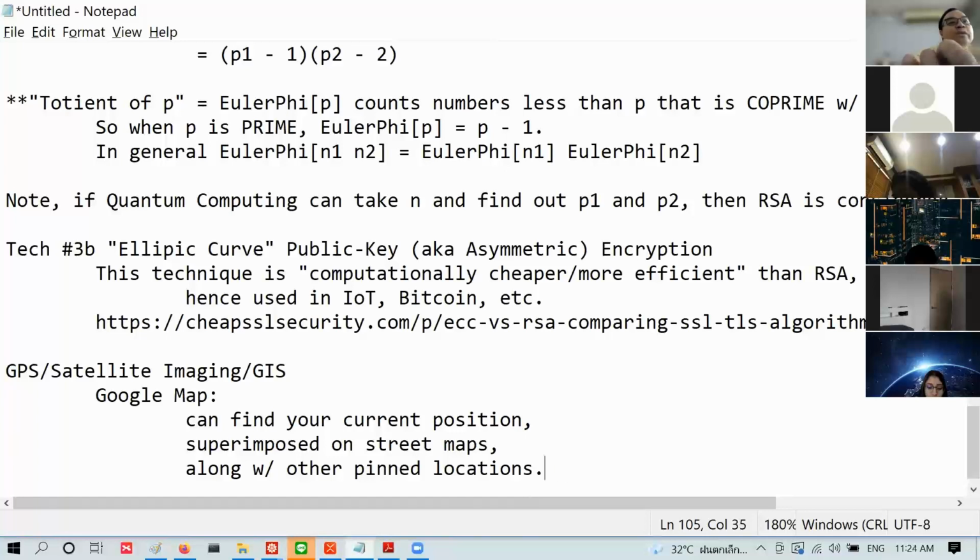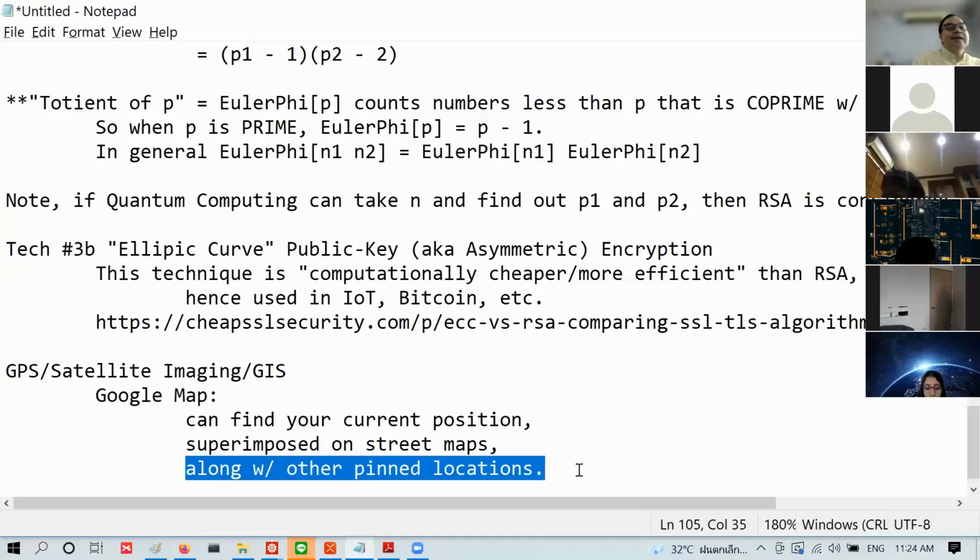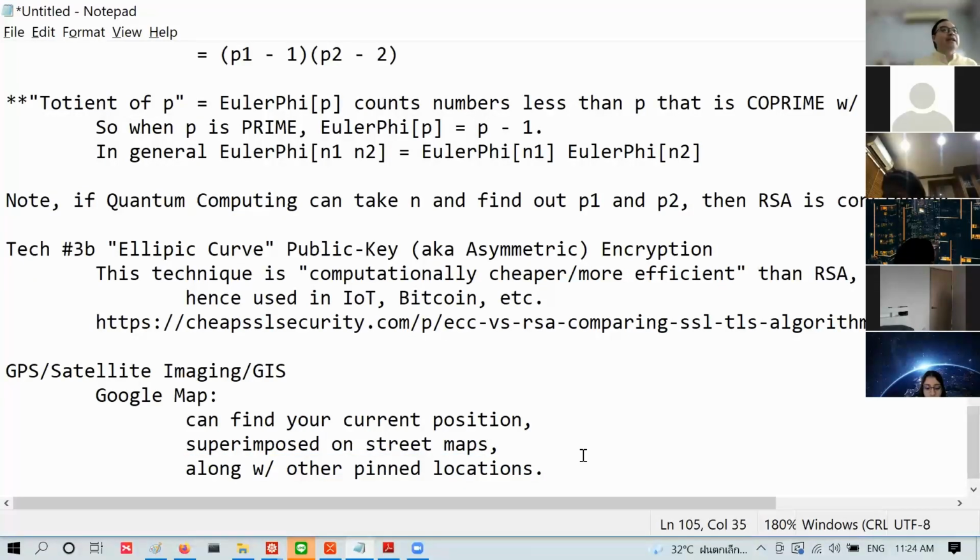So not only can you find your current position thanks to GPS, you have GIS, which is information like a database, but it's a database of street maps along with other pin locations. So it doesn't just keep streets, it keeps the location of gas stations, petrol stations, restaurants, shopping centers, all kinds of stuff. Your friend's address, your home address, your work address. You can keep all this.